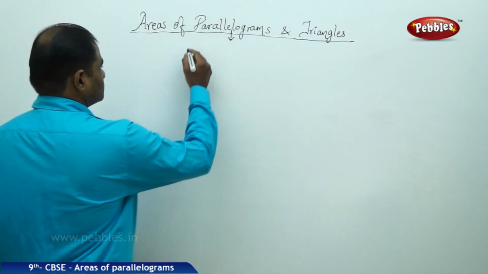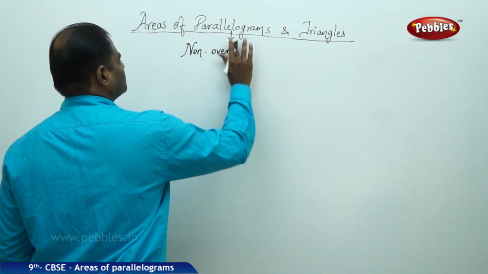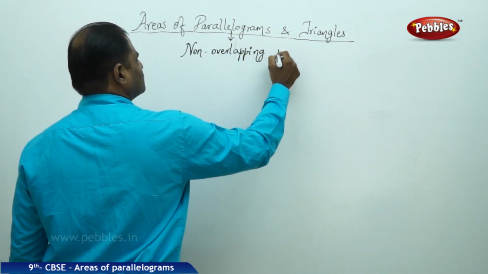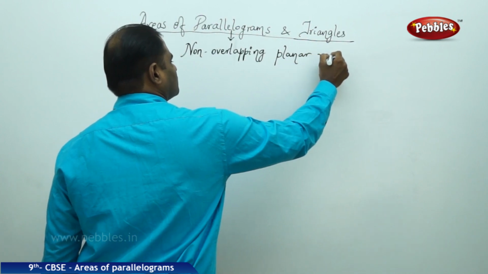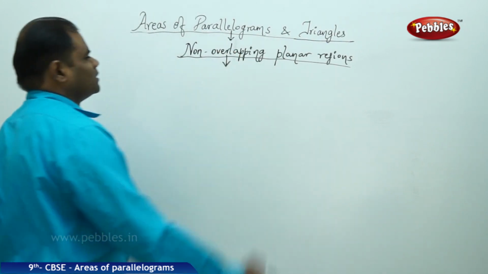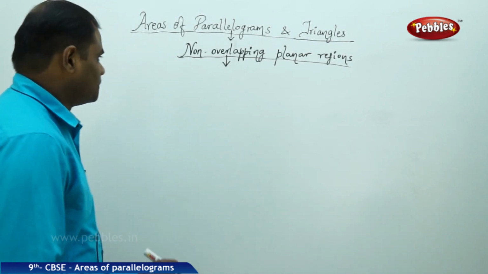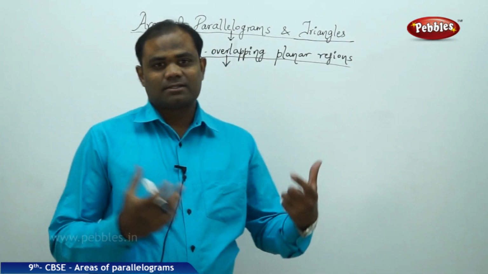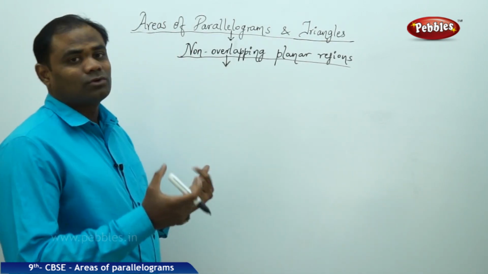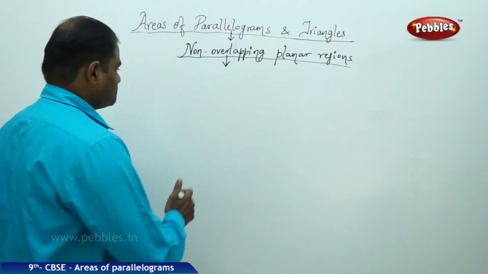Let's see what non-overlapping planar regions are. Here, the word overlapping is in the sense of trying to join the two planar regions without overlapping each other. So let's see in brief the non-overlapping planar regions.